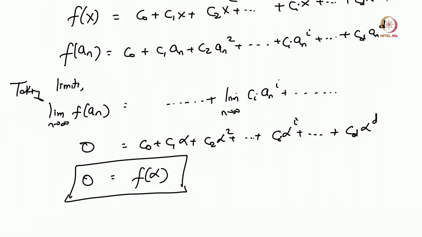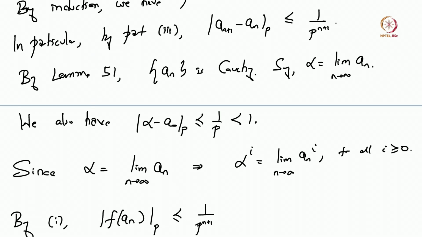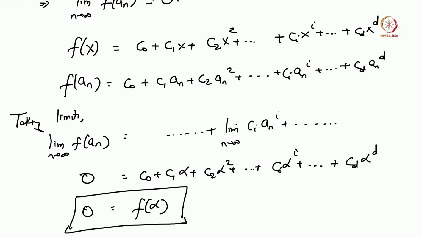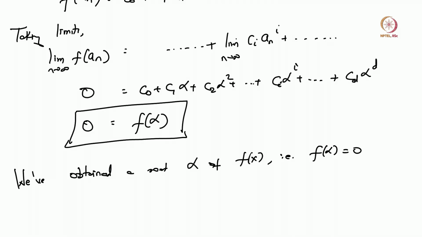So we get that f of alpha is 0, and by construction alpha minus a_0 is strictly less than 1. Okay. So we obtained a root alpha of f of x, that is f of alpha equals 0, with the property that its distance from a_0 is strictly less than 1.